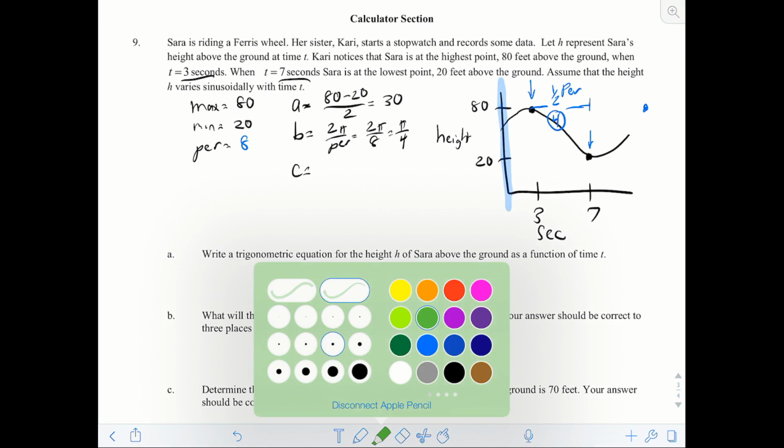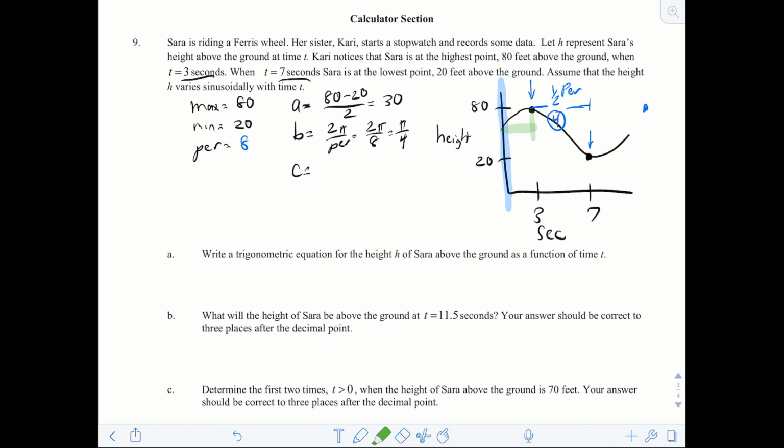So how many units did I go over? In this case, I went over 3, if I'm using my highest point as my starting point. And my D value is going to be the minimum, which is 20, plus the A value, which is 30, and that gives me 50. Just to double check, does 50 seem like the middle ground? Is it 30 units away here and 30 units away here? In this case, it does.